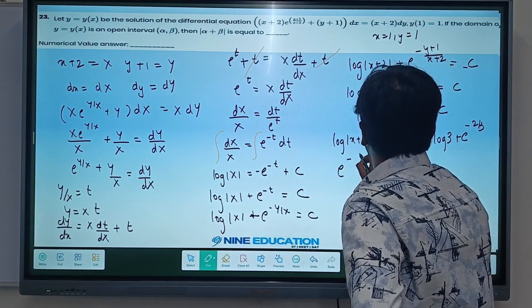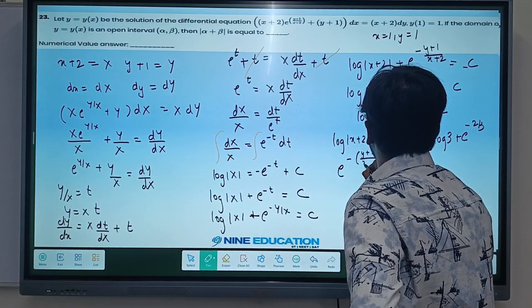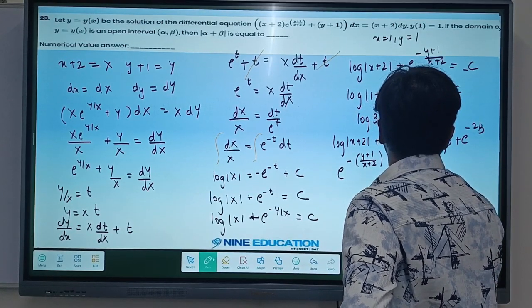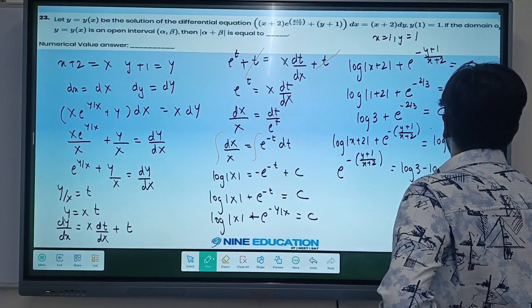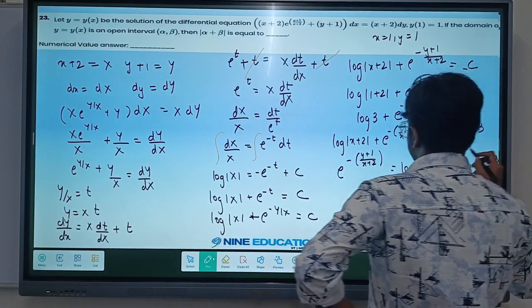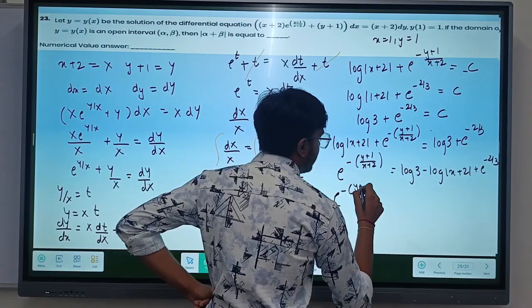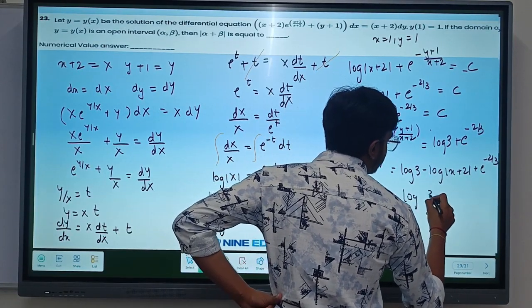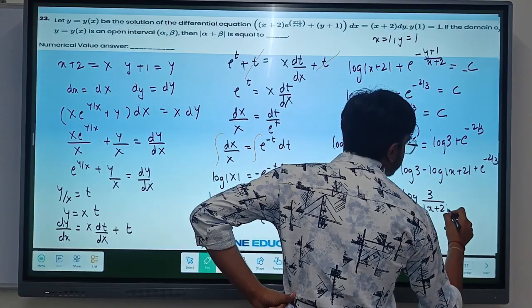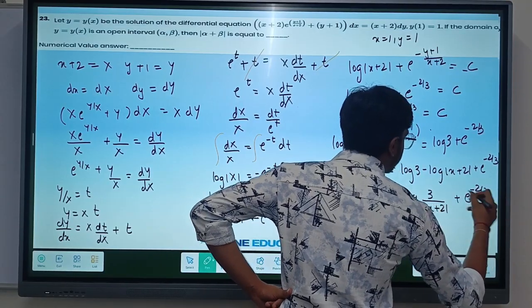So e power minus of y plus 1 divided by x plus 2 is equal to log 3 minus log of mod x plus 2 plus e power minus 2 by 3. So e power minus of y plus 1 by x plus 2 is equal to log 3 by mod of x plus 2 plus e power minus 2 by 3.